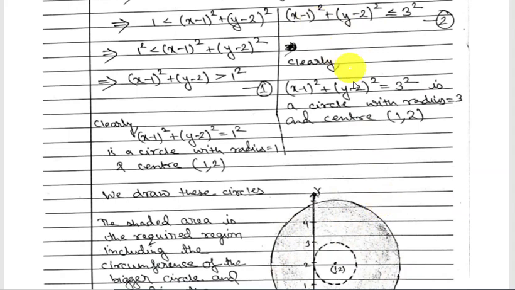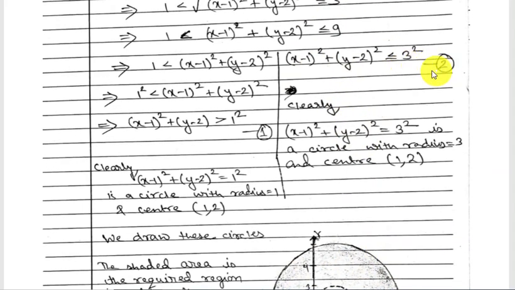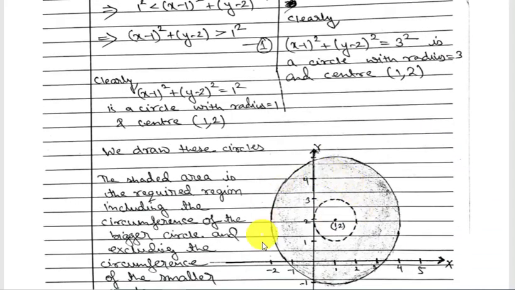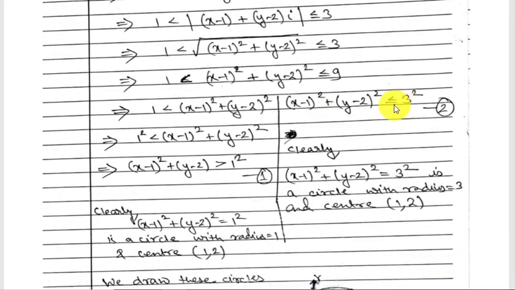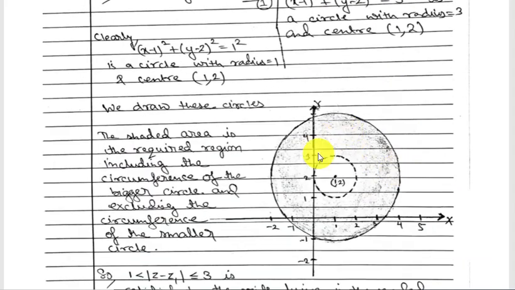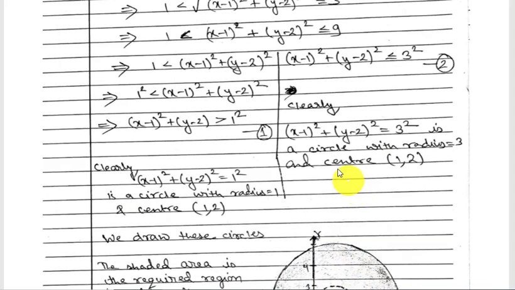And for the second circle, from inequation 2, here equal to sign is there. That means all the points on the circumference will satisfy this inequation, plus all those points lying within this circle will satisfy. But we are looking for the common points which will satisfy both inequation 1 and inequation 2.